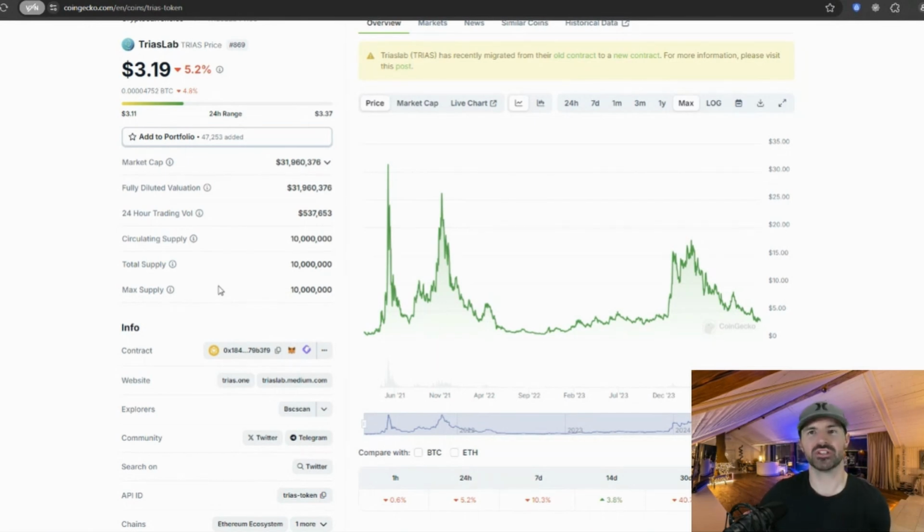But one thing you have to take into consideration is the ecosystems underneath Trias, and they have their own token as well. But overall, what Trias is trying to achieve can be special. And that's why some people call it the Ethereum of Asia. So I remain very bullish on Trias. I do think it's up to the team now to follow through with all their promises. And I'm very excited to see what Trias will do in the future.